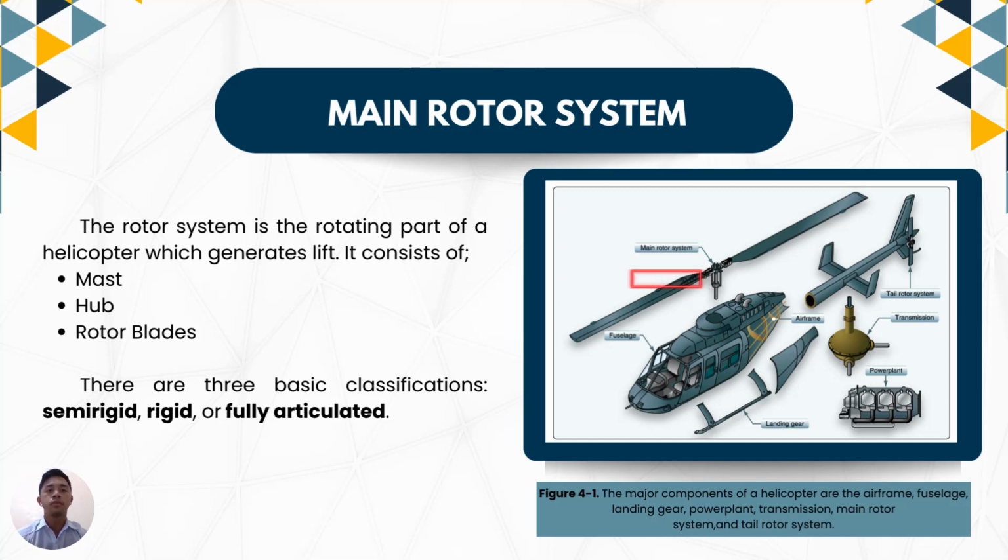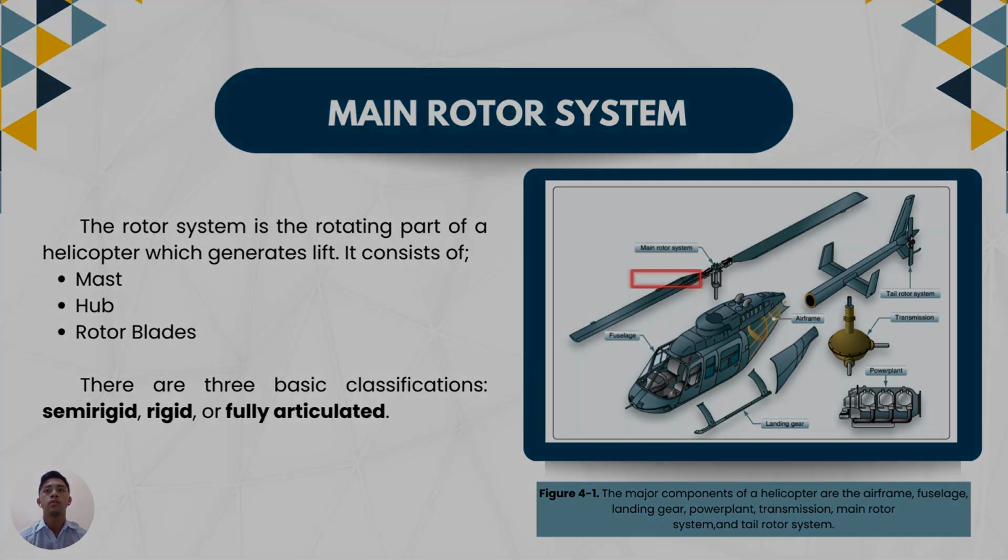And you can see it here in figure 4-1. So, it consists of mast, hub, and rotor blade. So, the classification of main rotor systems will be discussed by John Yuri Villasis.